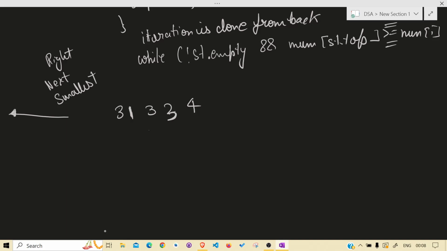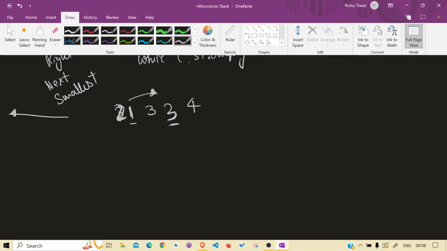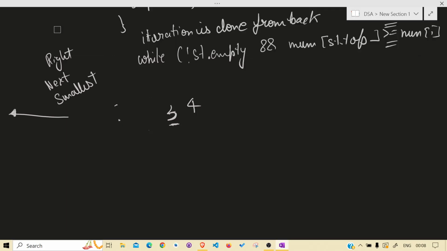I took a very wrong example, because we need the next smallest, it is like next greatest.